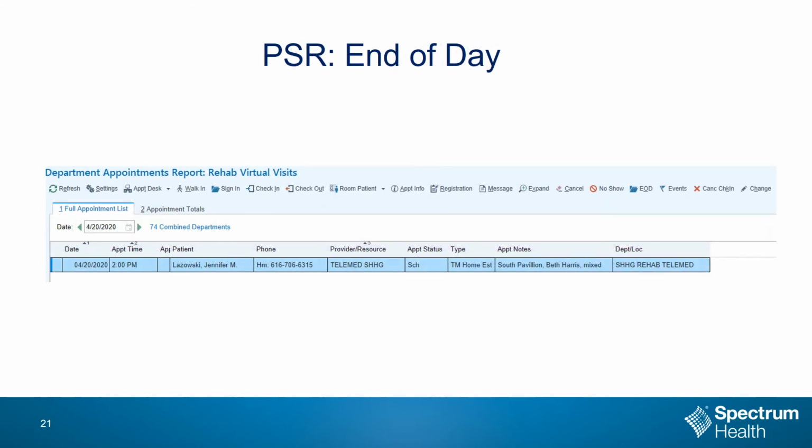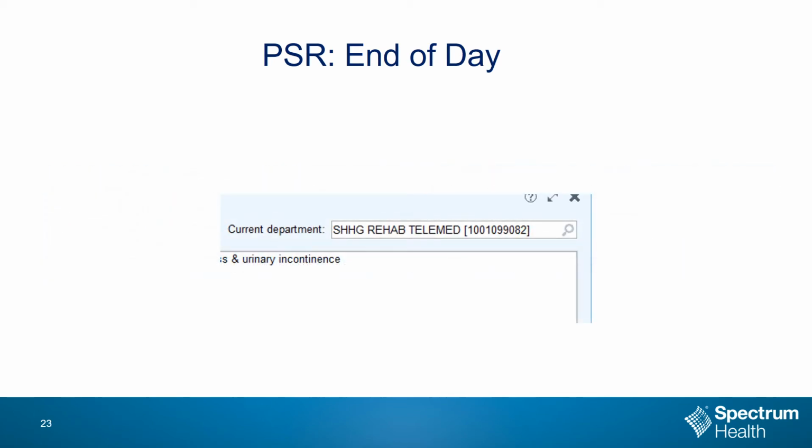At the end of the day, the PSR will need to access the DAR and change the appointment scheduled to the correct provider and department where the patient is normally seen. For medical group, you only will need to switch the provider considering the patient is already in the correct department. Change from the telemed department to the department where the patient is normally seen.